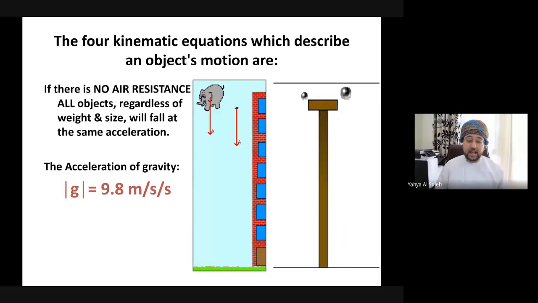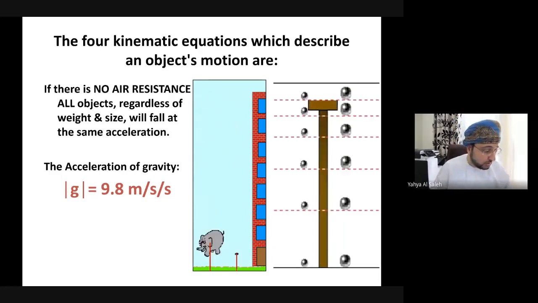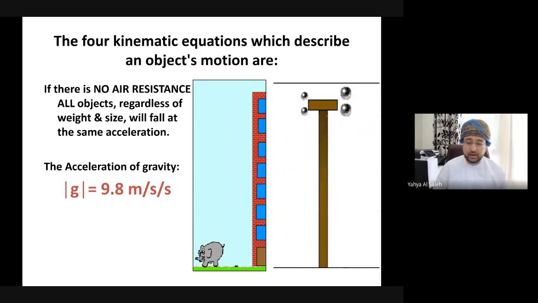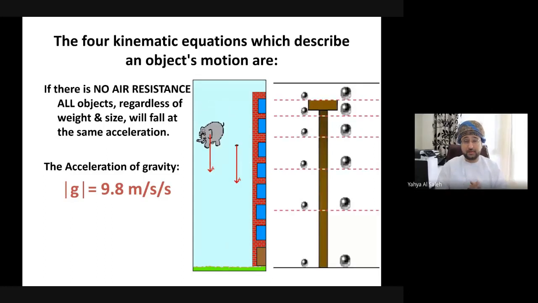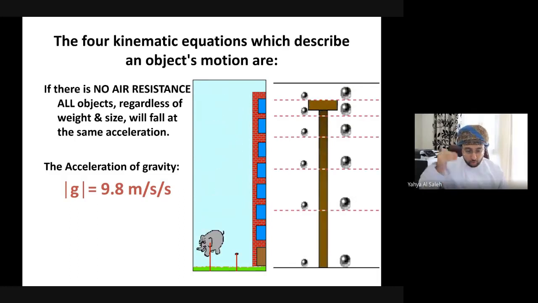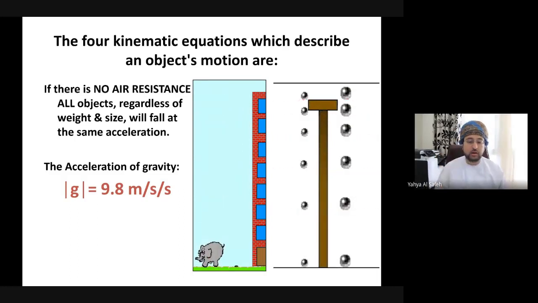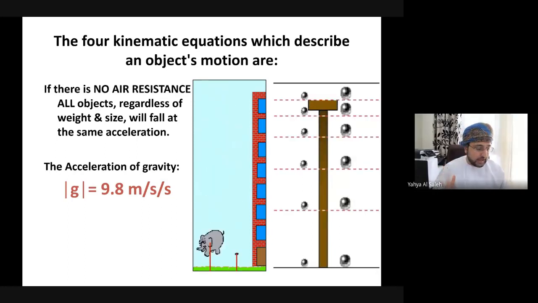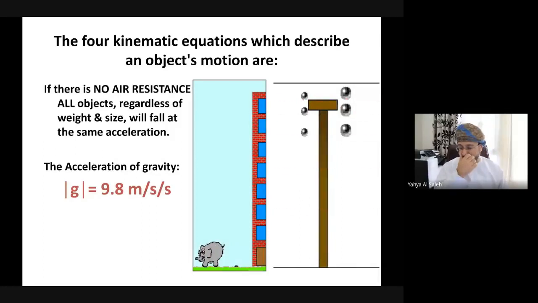Okay, now, as we said, and as we saw in the video in the previous lecture, if there is no air resistance, then all objects, no matter how heavy they are or how big they are, will fall at the exact same acceleration, which is 9.81.